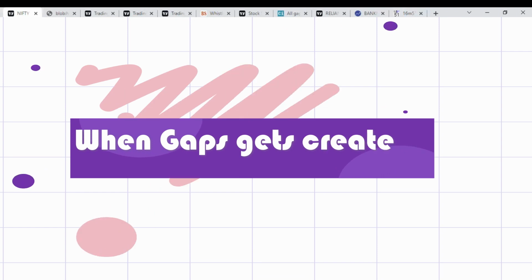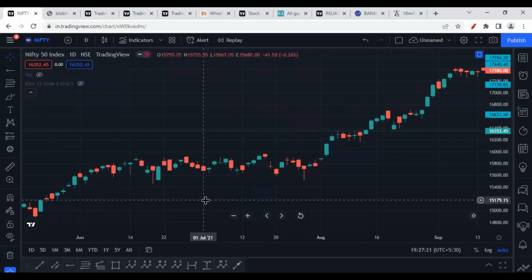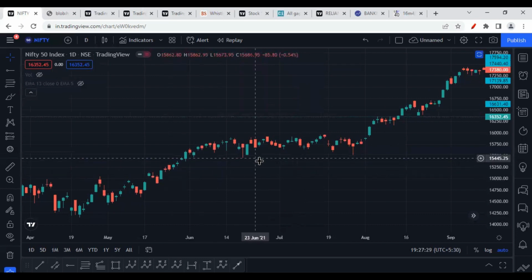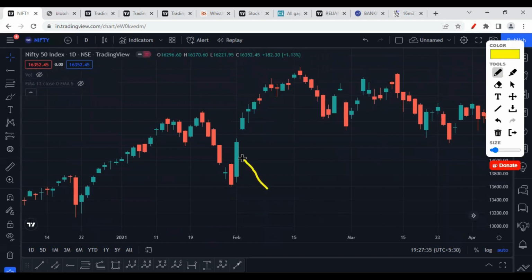When the gaps get formed, that is the next point. So gaps get formed whenever there is strong news on the fundamental or technical change in the underlying stock price. For example, the example that I remember here is about the budget. In India, there was a budget announced on this day, and as the budget was good, next day it continued the rally with the gap up opening.